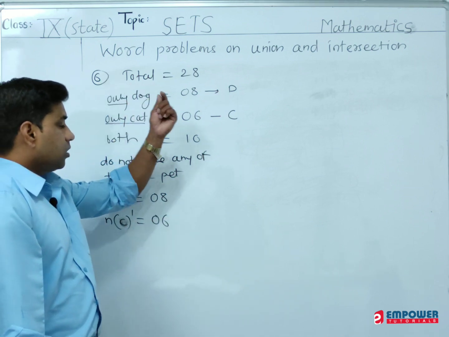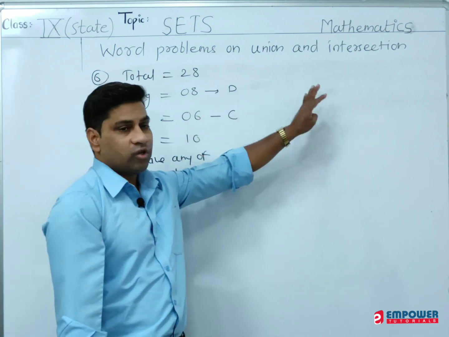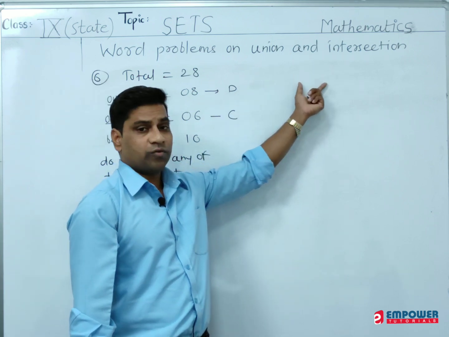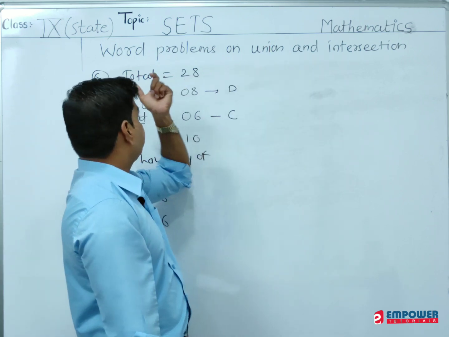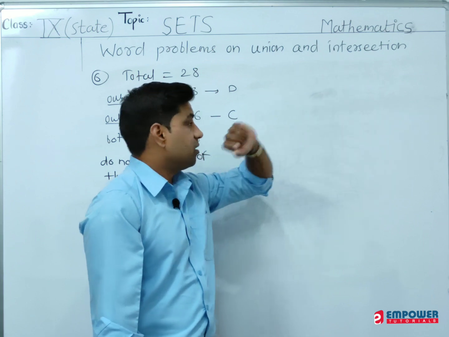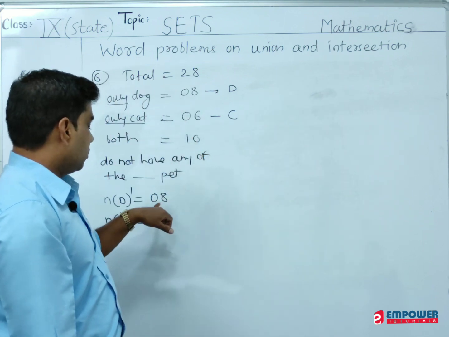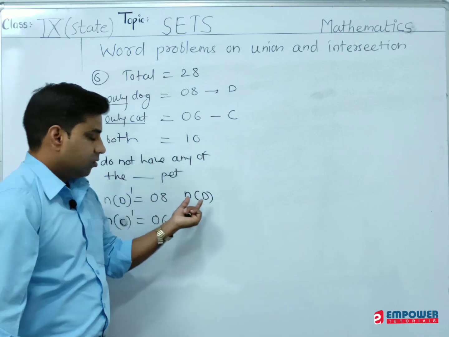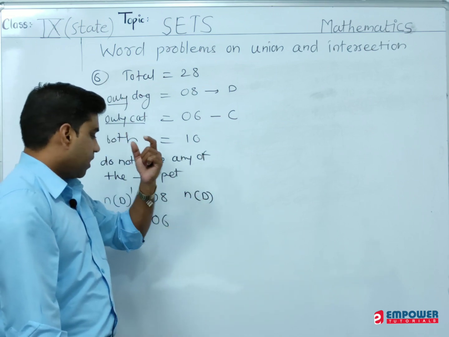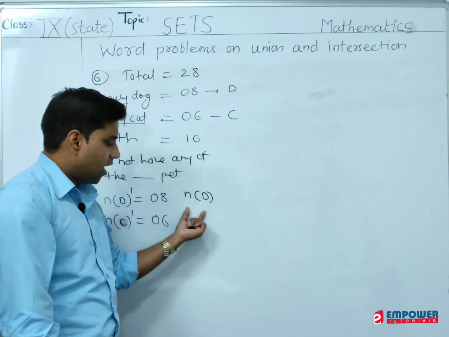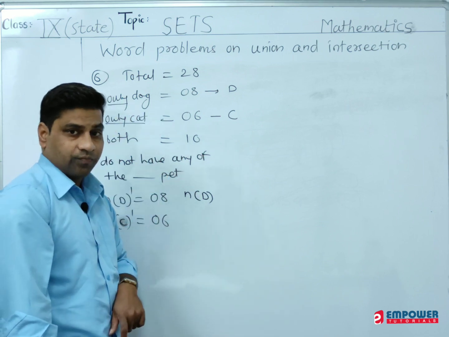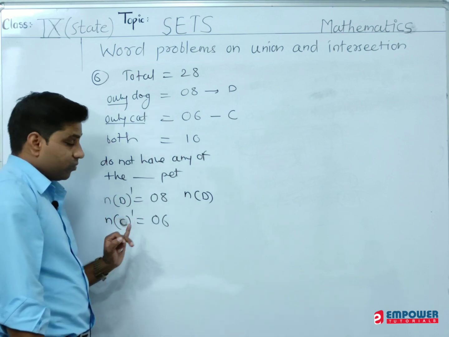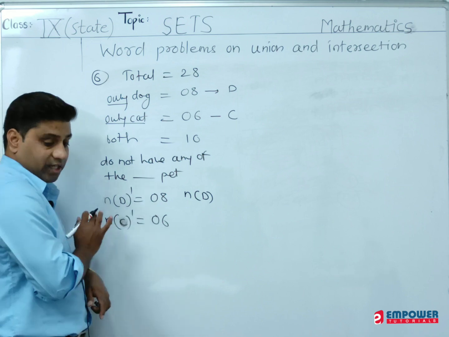Because in our regular formula for union and intersection, the number of students who have a dog or cat as their pet animals, that time we consider n of D. So n of D means the number of students who have a dog as their pet animal, and there are common elements also. But when we are considering only dog and only cat, then we have to consider this dash.